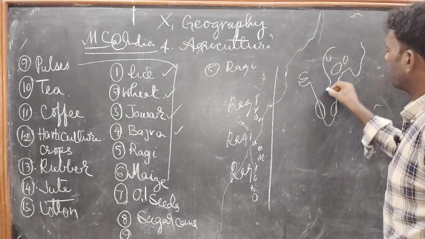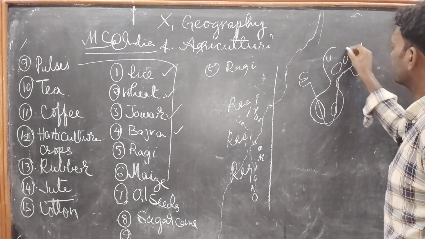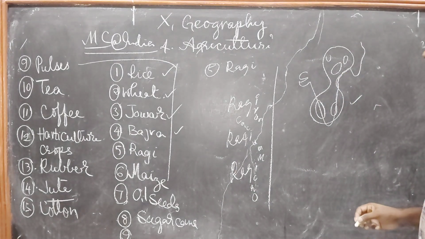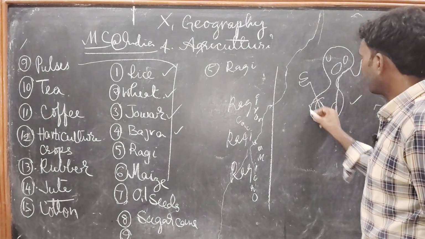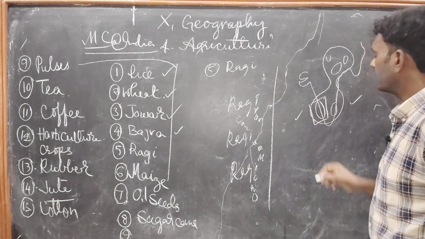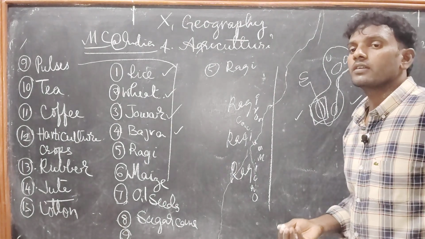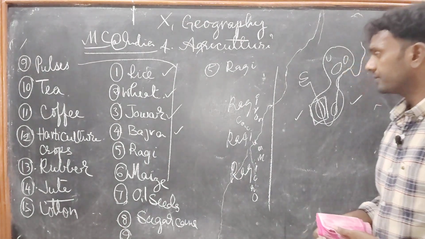These are the main ragi producing states in India. Coming to most cultivated state is Karnataka. It is a staple food. These people prefer ragi for eating purpose. Is it clear?